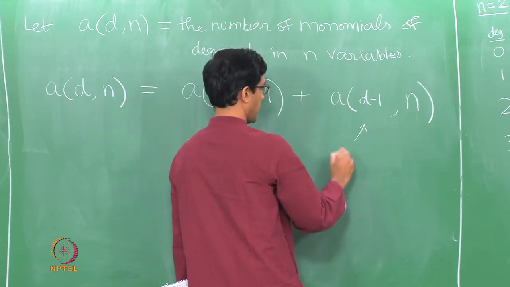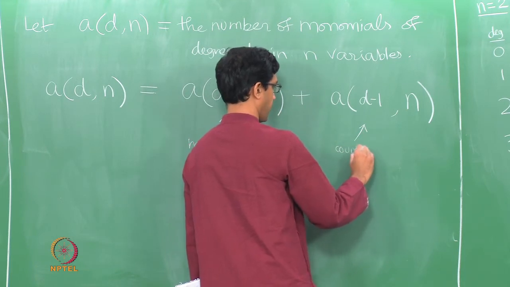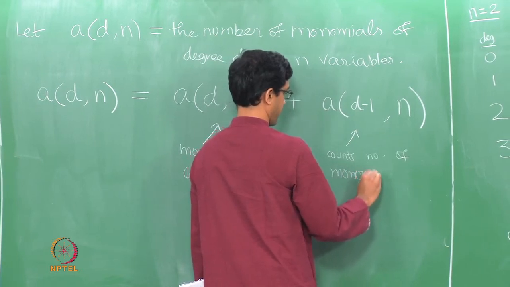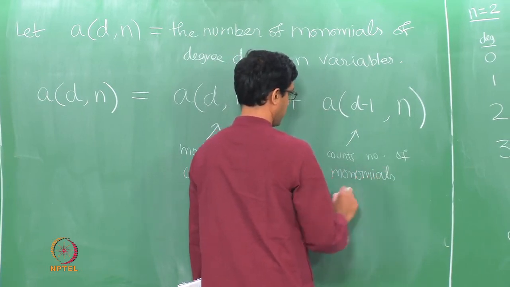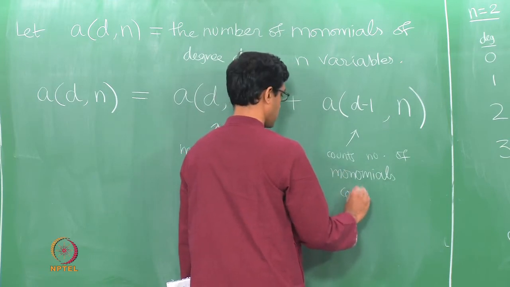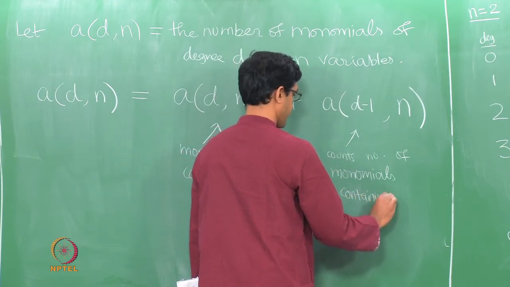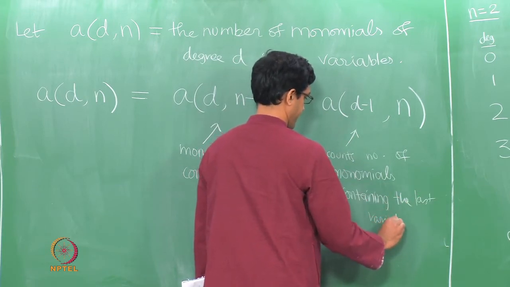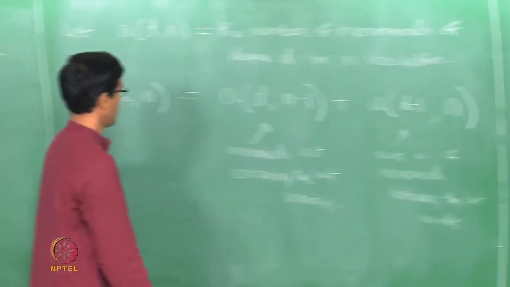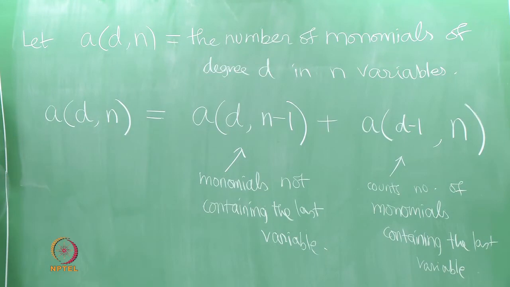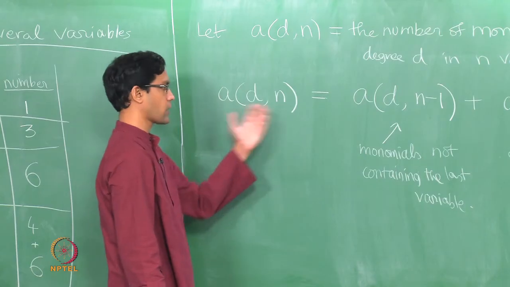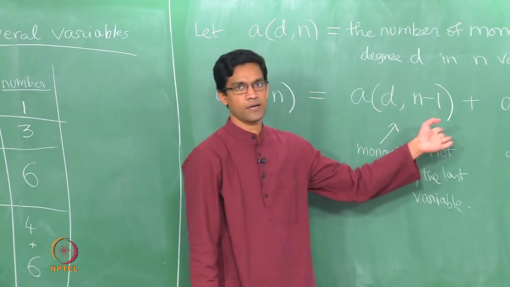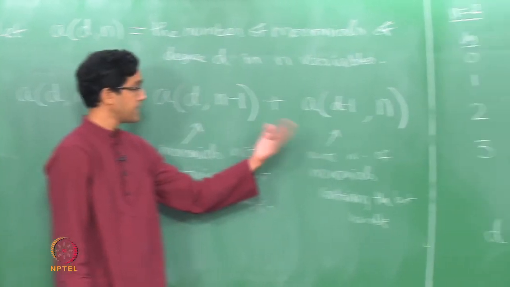So this counts the number of monomials which involve the last variable, which contain the last variable. Right. So by taking care of these two disjoint cases, what you obtain is the total count. This is all possible monomials of degree d. These are ones which do not contain the last variable and that counts the number which contains the last variable.